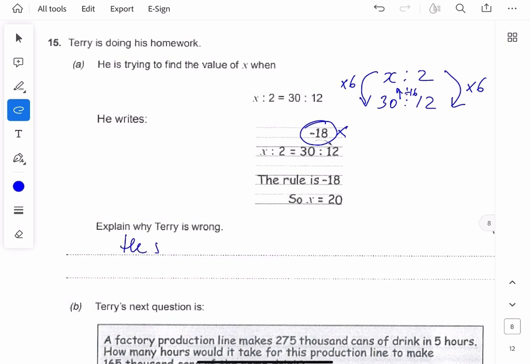We always multiply or divide to make equivalent ratios. So he should have divided by 6 here. So if you wrote that as an explanation, that will be accepted. You could have also written that 30 divided by 6 gives you 5, so the answer x should be 5.